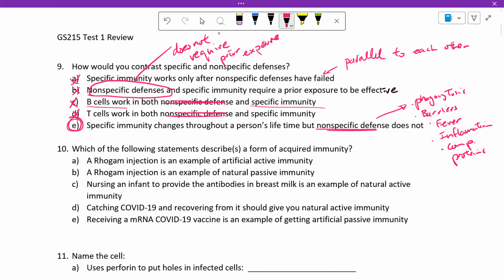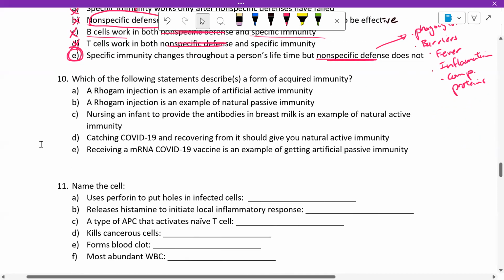They are the same when you're born as when you are older. What changes throughout the course of your life is the specific immunity. As you get infected by different things, as you get vaccinated throughout your life, you gain these memory cells, you gain protections. It changes, it evolves, it adapts. That's why it's called adaptive immunity.